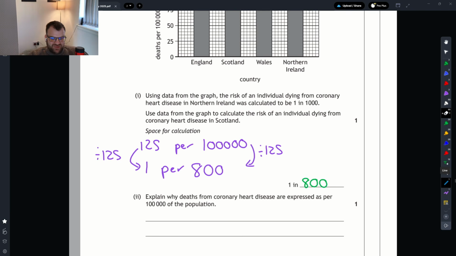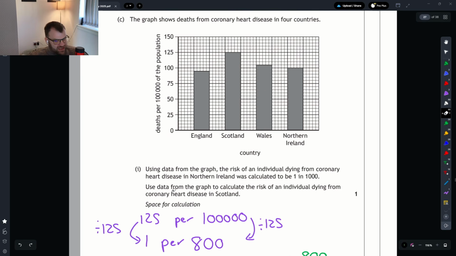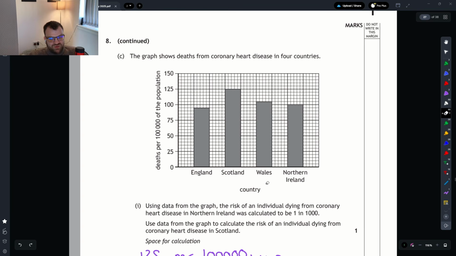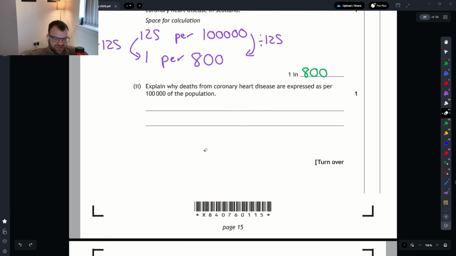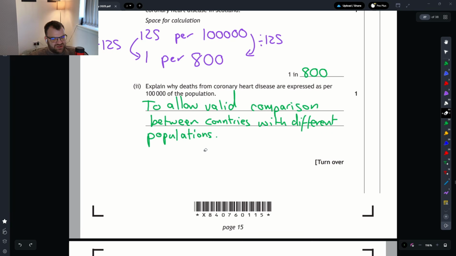And then that gives me a 1 in 800 as my answer for that one. Why do you do it as per 100,000 in a graph? Well, the countries will have different numbers of people. So you can do a valid comparison between them, taking into account the fact that there are different populations. So a valid comparison between countries with different populations.